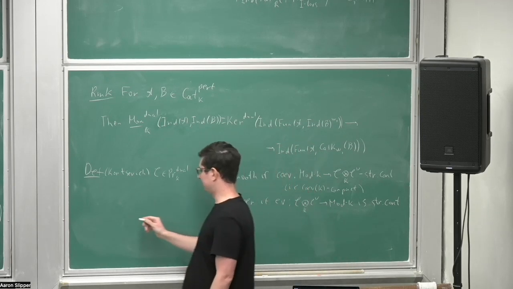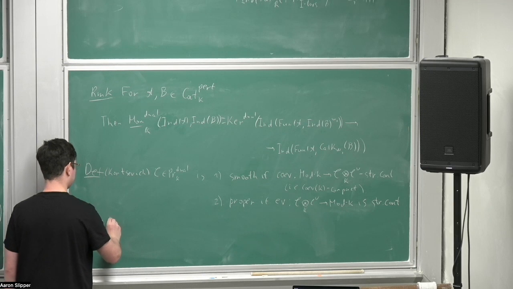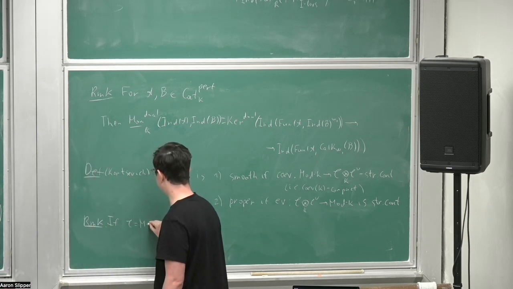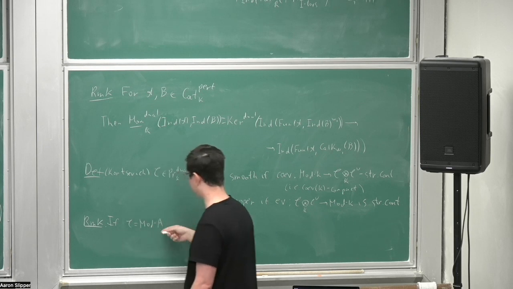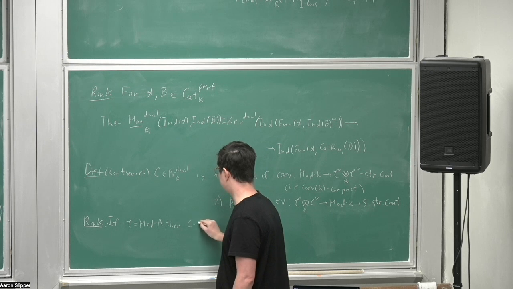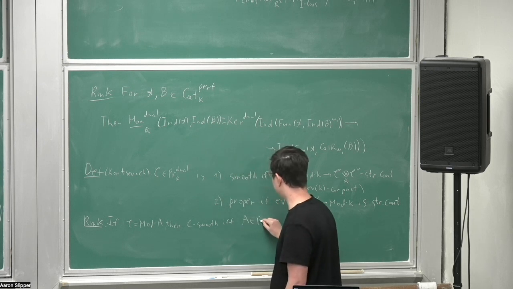Okay, remark: if C is the category of A-modules, for some K-algebra A over K, then C is smooth if and only if A is perfect as a bimodule over itself.